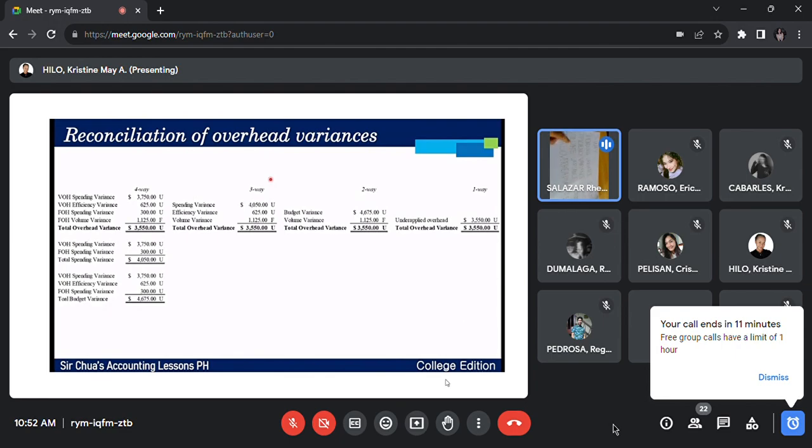Then our volume variance is 1,125. So we take 4,050 plus 625 and subtract 1,125, because it is favorable and so is subtracted. The result is 3,550.